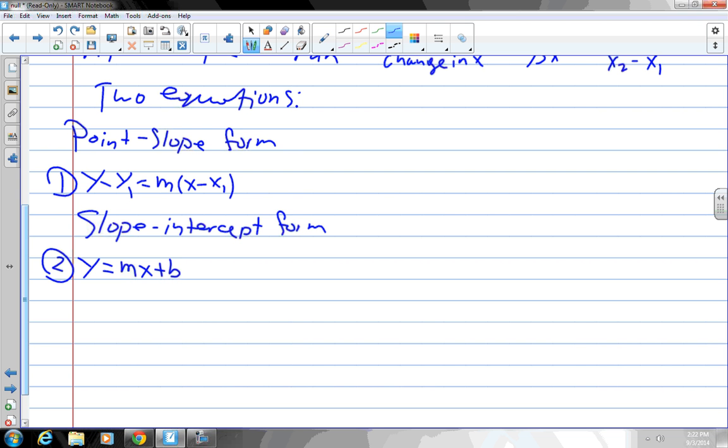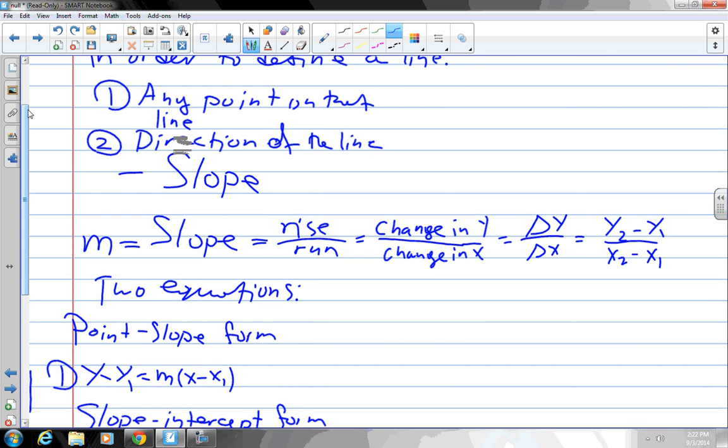The way I like to do these problems, finding equations of a line, by the way, I'm covering sections 1.3 and 1.4 at the same time. They both talk about the same thing. First of all, gather the information that you need, which is a point and the slope. Make sure you have those two. If you have those two, it'll knock out 95% of the problems. There are some weird cases with the vertical and horizontal lines, but that's different.